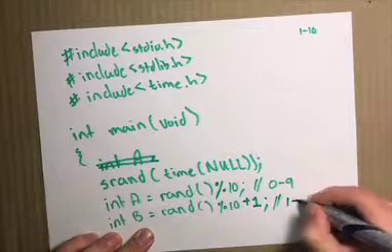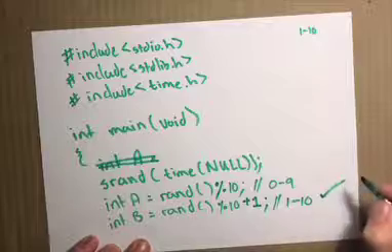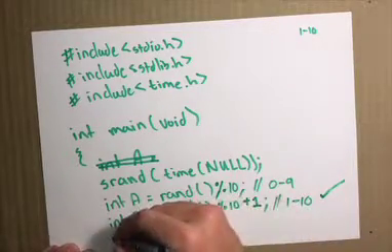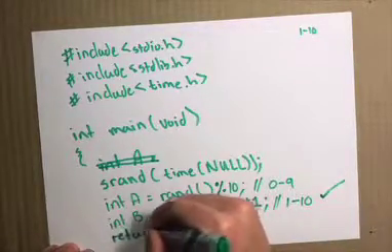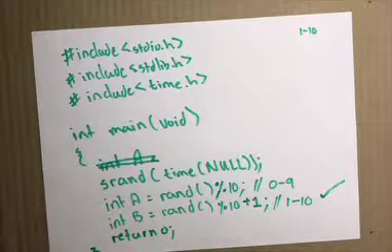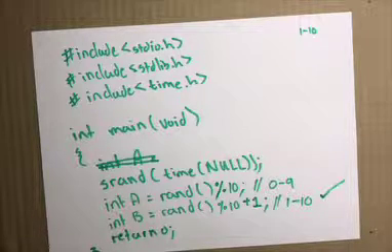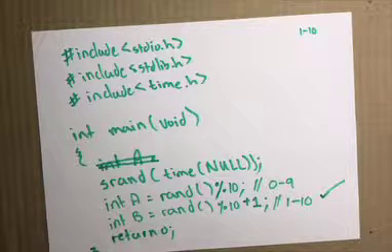And this will give us a random value between 1 and 10, and that's what we want. And for your program to end successfully, we can just say return 0. And this is our first example. This is how we would generate a random number between 1 and 10.